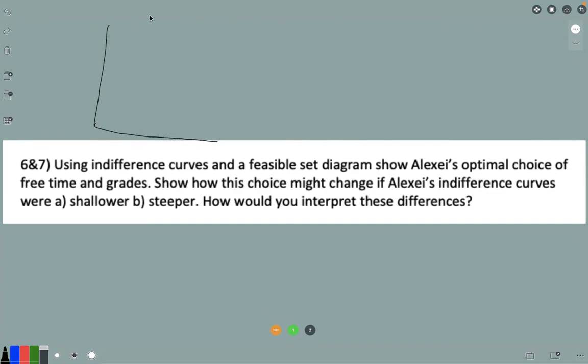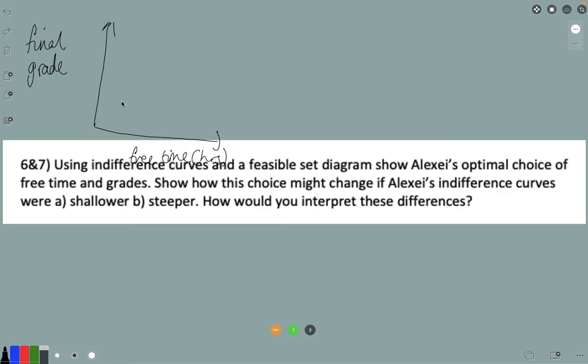That's very wonky, but you're getting at the gist. Let's put grades, or final grade, on the y-axis, and then we're going to put free time here on the x-axis, and it's going to be hours. Maybe I should make that clear.